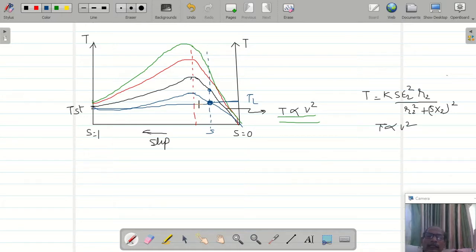Okay, so these are the characteristics we have. If you change the voltage, torque will change with the square of the voltage. You will get this characteristic. But if you change the R2, maximum torque will not change. Only the position at which maximum torque occurs will change.